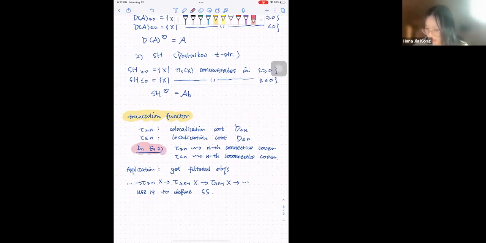Again, in example 2, I always choose the wrong color.